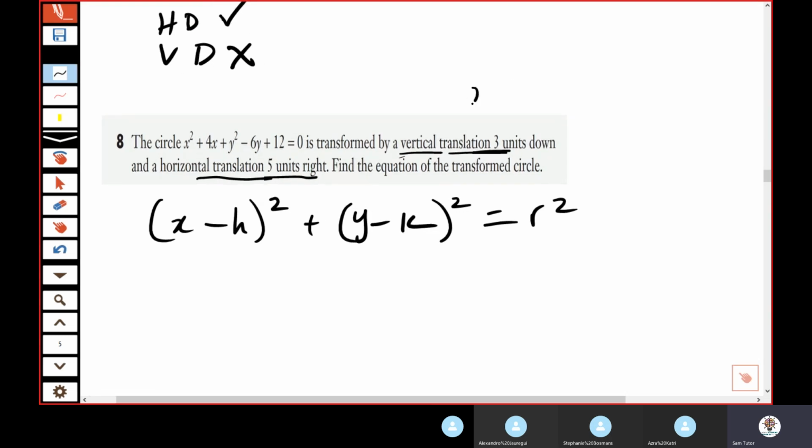The answer would be, just let me know if you get it out, x squared minus 6x plus y squared plus 8, apparently.